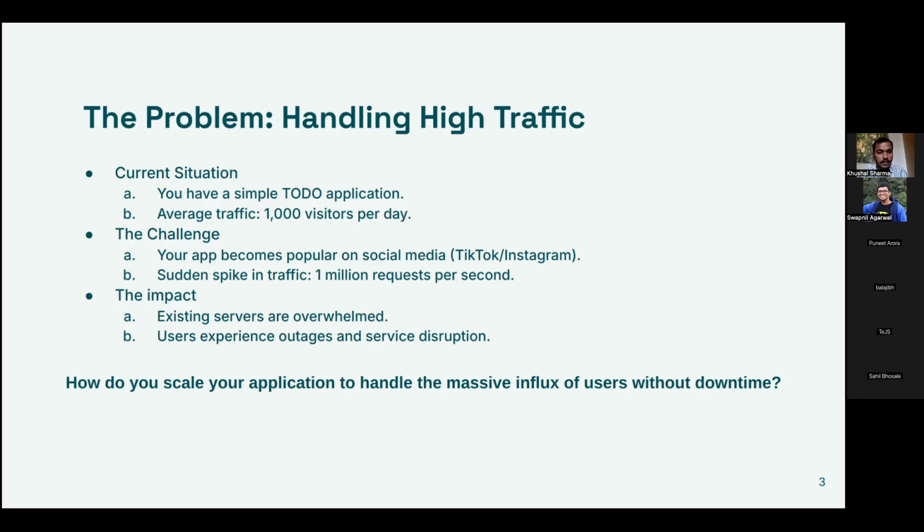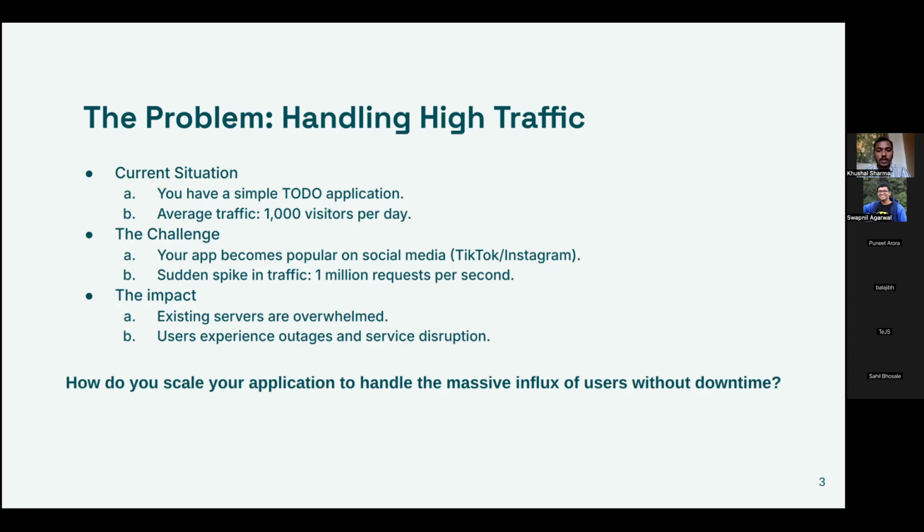Now, due to this thing, you are getting a spike in traffic. You are getting 1 million requests per second, 1 million API requests. And that's a very large amount of requests. The question is, how do you handle your existing application? Because if your average traffic is 1,000 visitors per day, you must have taken a similar amount of memory or RAM to handle 1,000 visitors, right?